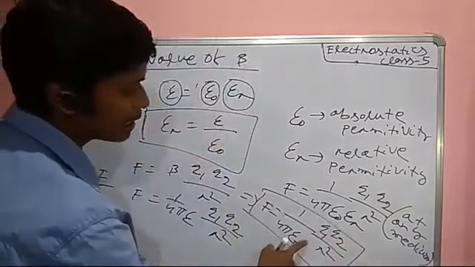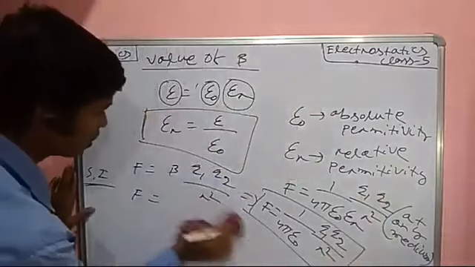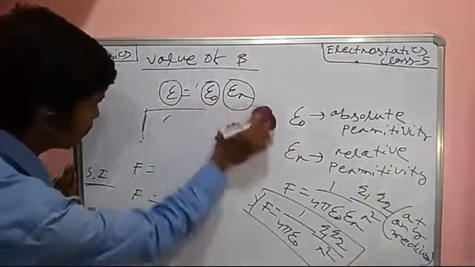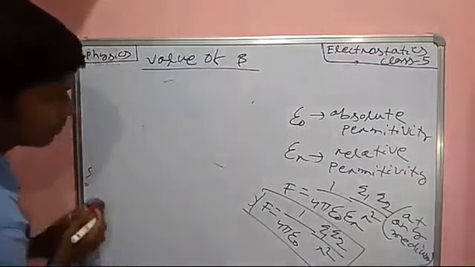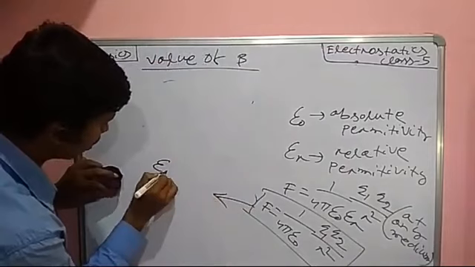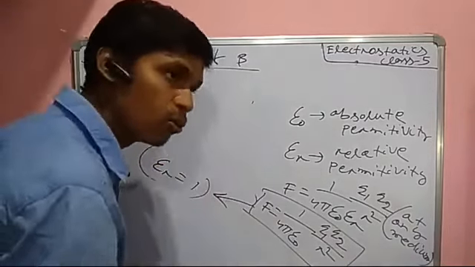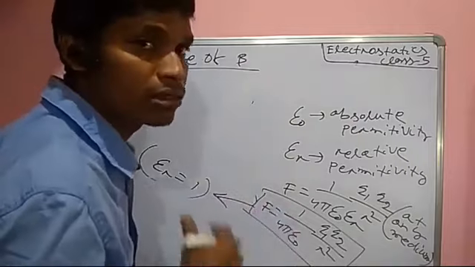Here epsilon r is what? Epsilon r is equal to 1. When is epsilon r equal to 1?